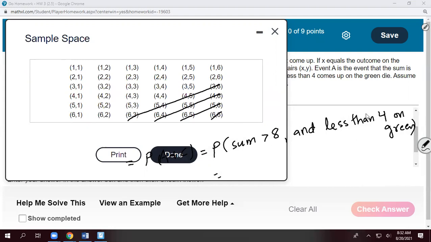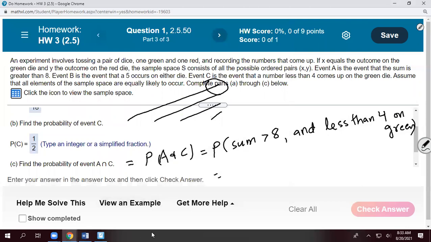But at the same time, we want less than 4 on the green die, which means the X coordinate should be less than 4. If you look at all these points, there is only one point where the X coordinate is less than 4, and that's the 3, 6 point. So it's actually one point which meets this criterion as well as that one. Therefore, it's 1 out of 36.